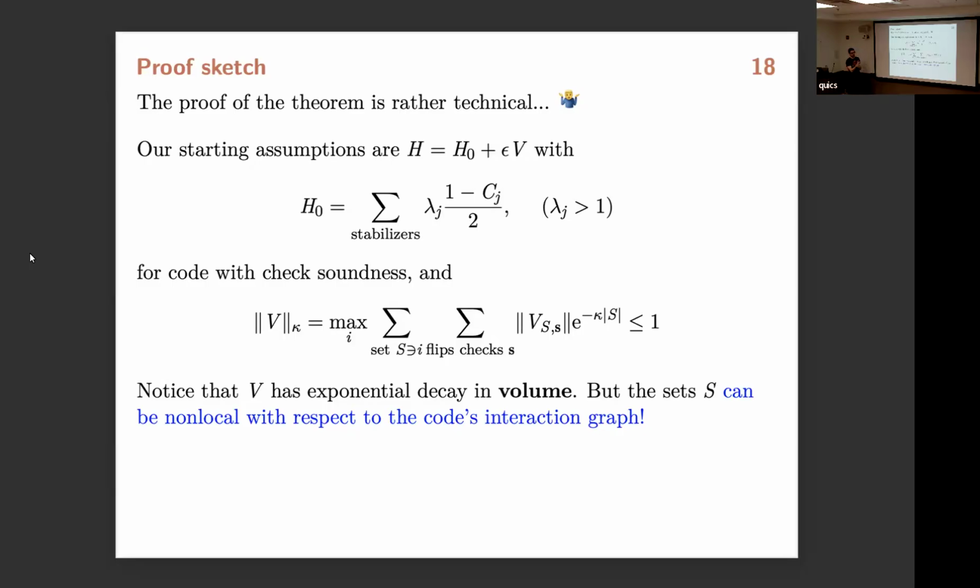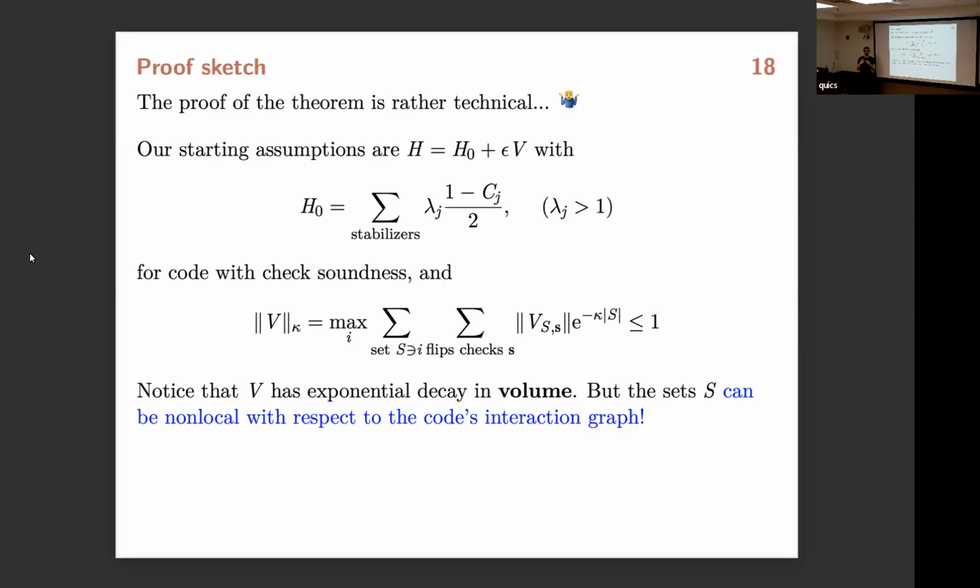This one doesn't play a role. It's just to make that constant. Yeah. It's just having a constant gap. We demand that the code has check soundness. I've already defined that. And that should be plus kappa S, but otherwise this formula tells us what we mean by locality. So we just need the perturbation essentially to be exponentially suppressed when it acts on a large number of qubits at once.